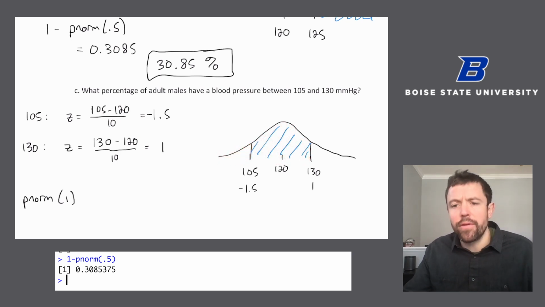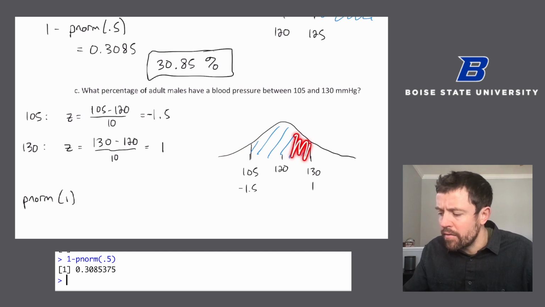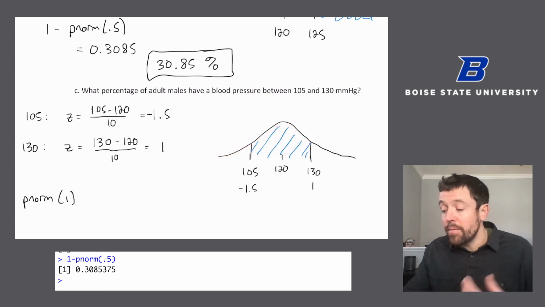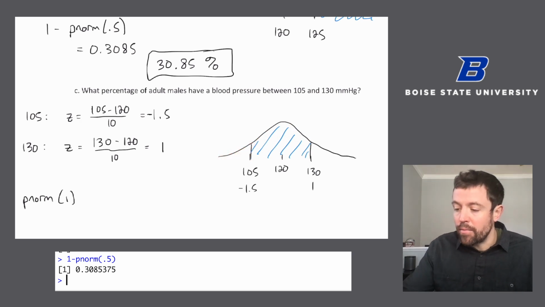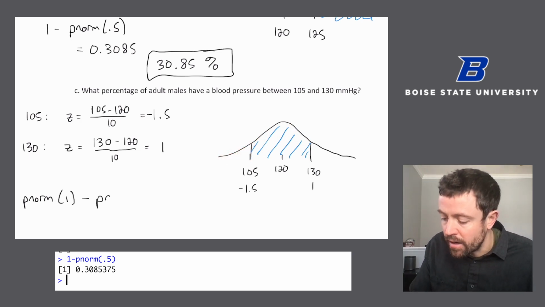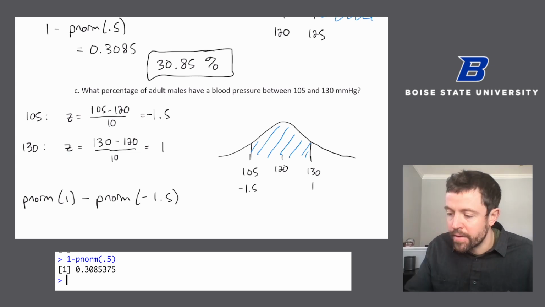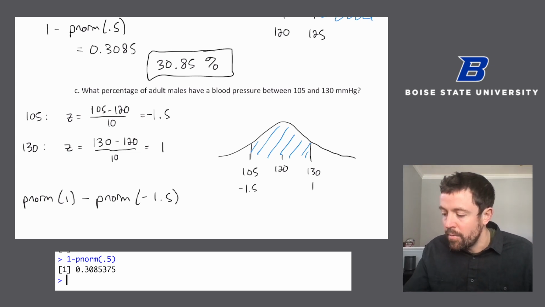But it's not so bad when you think about it, really. We want the first part of the area. We want this, but we don't want this. How can we accomplish that? Well, we actually know what this area is. This is p norm of minus 1.5. So we subtract off p norm of minus 1.5. So just one more quick time. We want this area, and to get it, we start with this whole area, and we subtract off the part that we don't want.